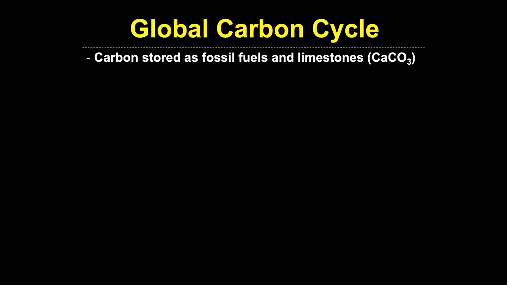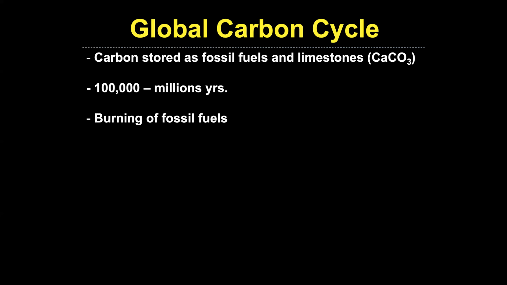The carbon cycle. Carbon is often stored as fossil fuels in limestones. It takes a long time for that fossil fuel to generate and form, but burning it doesn't take very long. Production of cement.